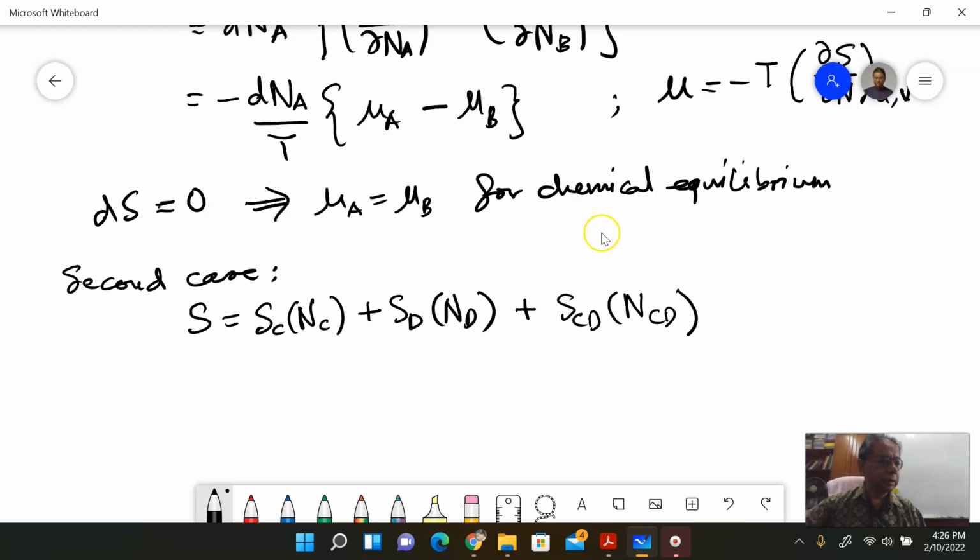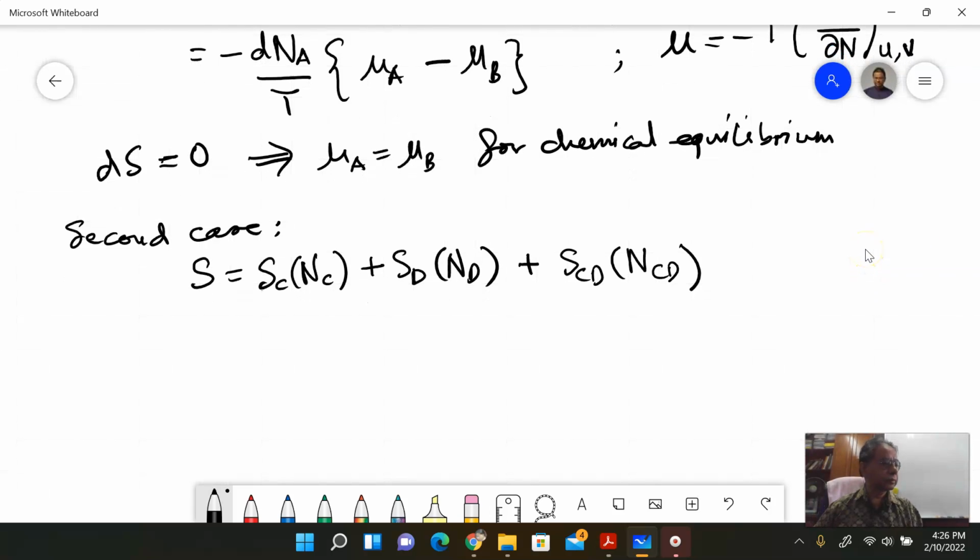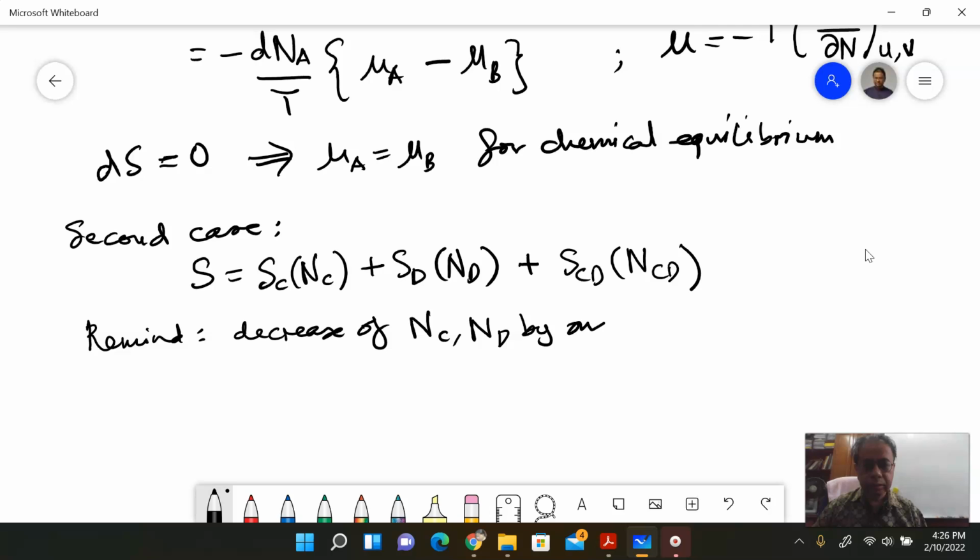So again, we need to see the variation of this. But let's remind ourselves that in this case, we require that the decrease of NC and ND by 1 implies an increase of NCD by 1.